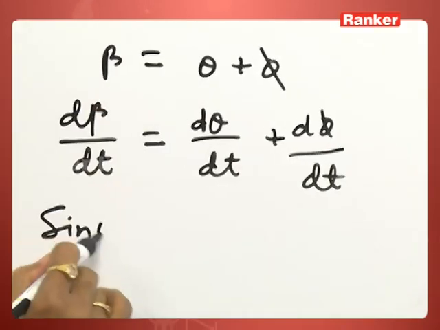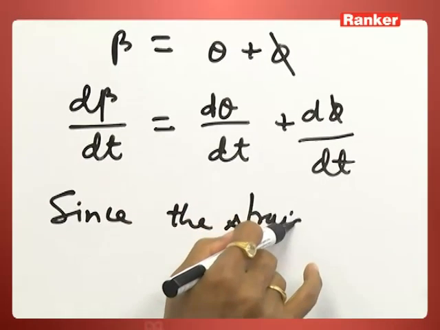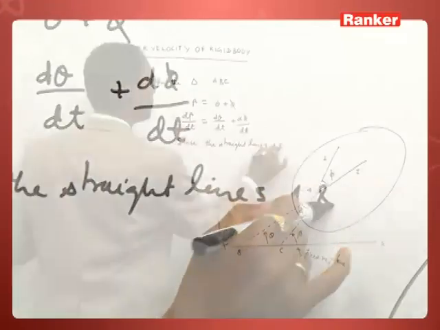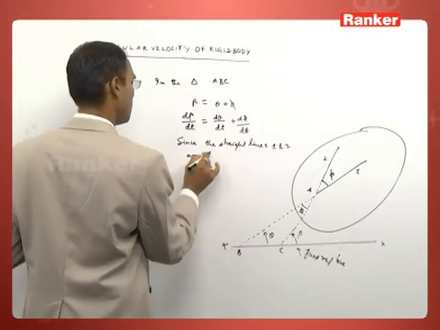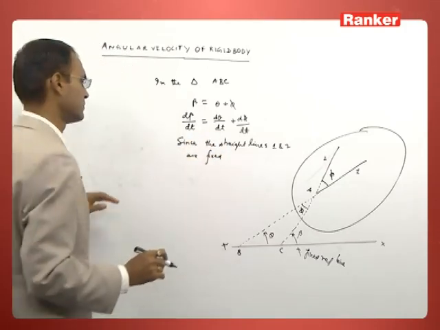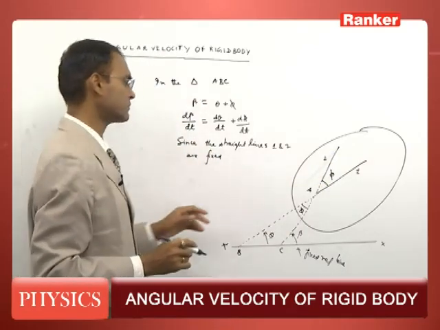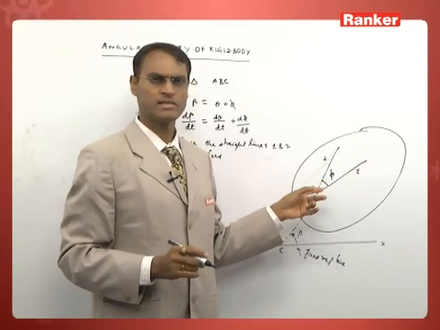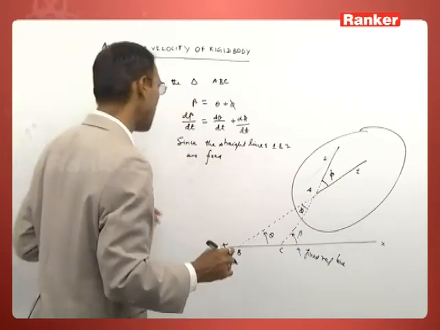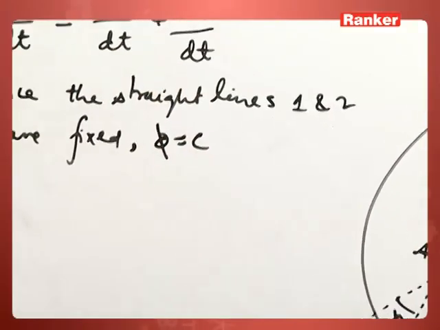Since the straight lines 1 and 2 are fixed, the angle between these two straight lines, phi, does not vary with respect to time. Phi is a constant quantity.